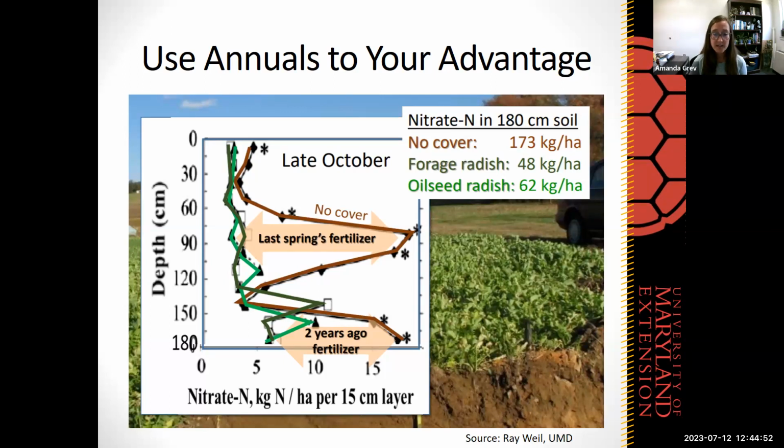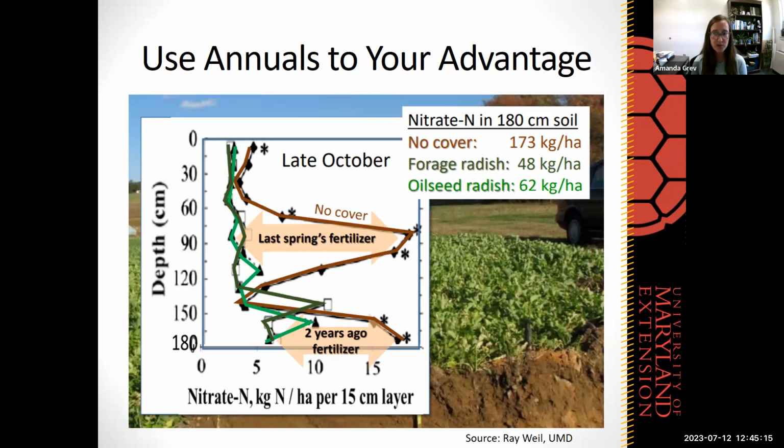And we did not necessarily see these big spikes with the radish cover crop. So what he has surmised from this is that under those radish cover crops, those deep penetrating roots are going really far down into the soil profile, and they're actually pulling some of that nitrogen deep up from the soil back into the top growth.